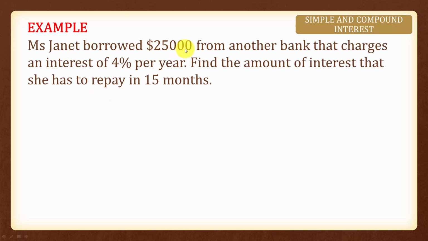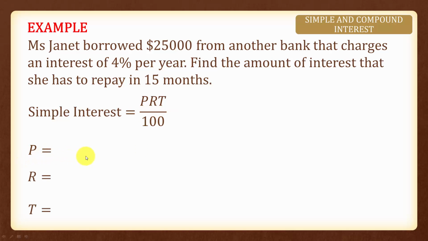Ms. Janet borrowed $25,000 from another bank that charges an interest rate of 4% per year. Find the amount of interest that she has to repay in 15 months. So in this question, we are asked to find the amount of interest. The simple interest formula is given by PRT over 100, whereby P is equal to 25,000, R is 4% per year, and since the time is in months, we will change it to years by dividing 15 by 12.